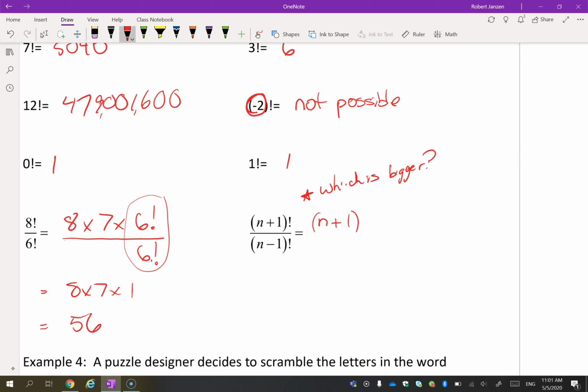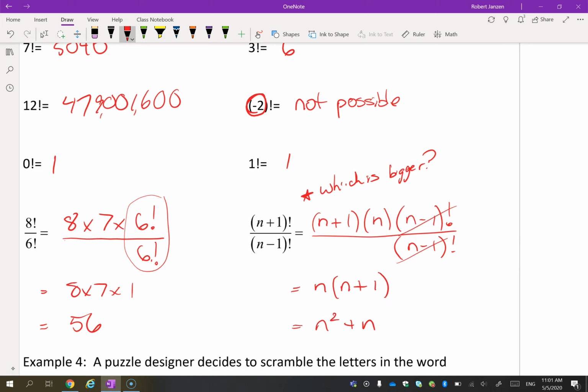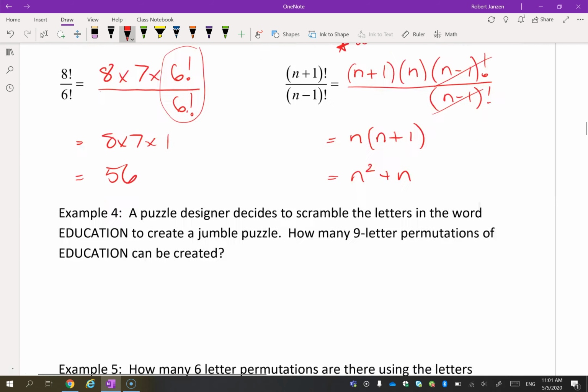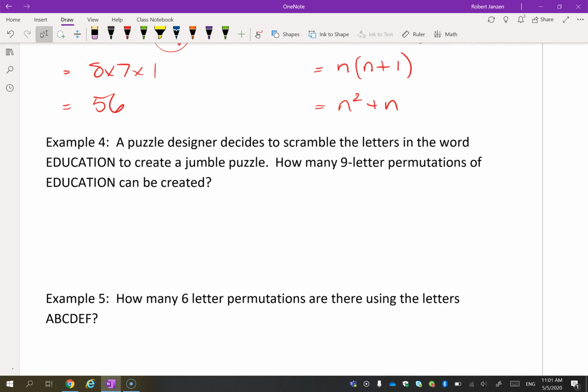What is 1 less than n plus 1? N plus 1 take away 1, that's n. So put n. What's 1 less than n? That's n minus 1. And then I'm looking in the denominator. I'm going to stop there. And I get this. And I can reduce that, and I just get n times n plus 1. Okay, this is n squared plus n. All right, we'll use that quite often.